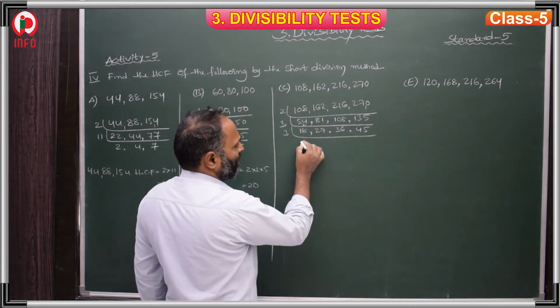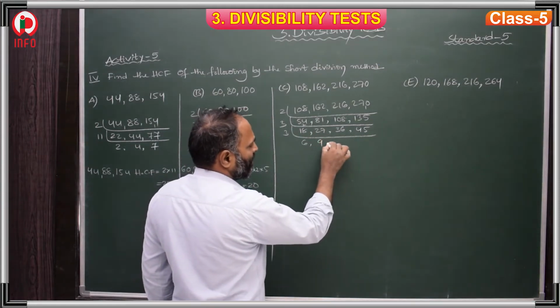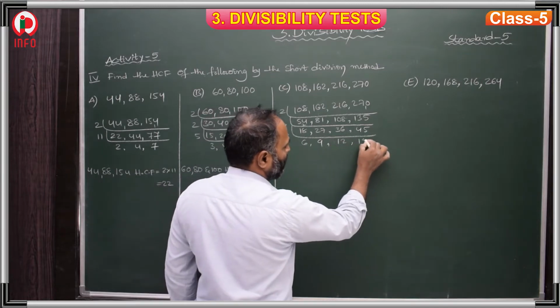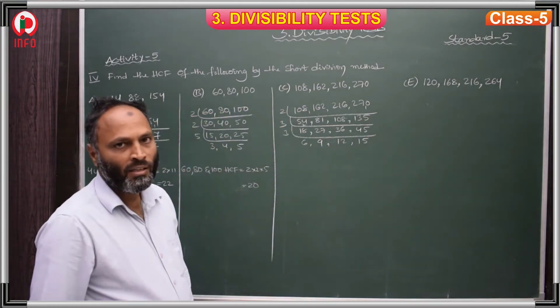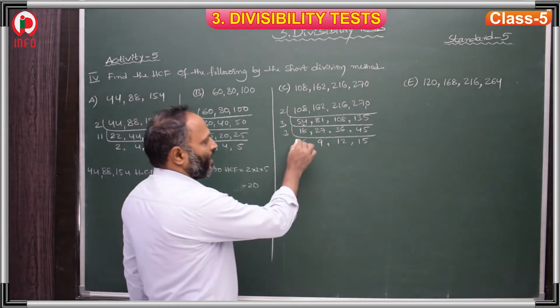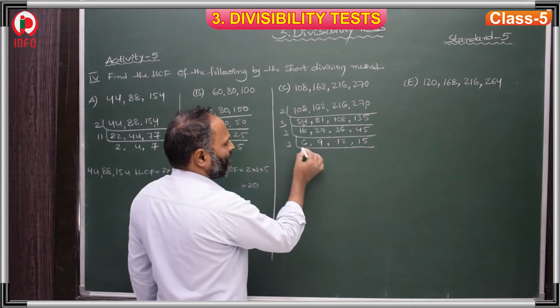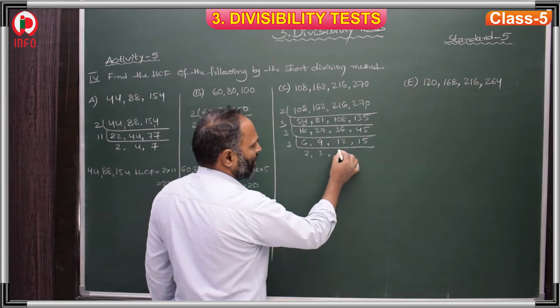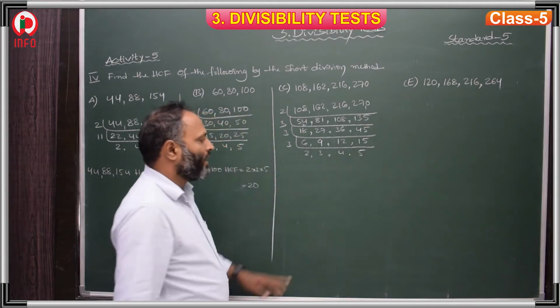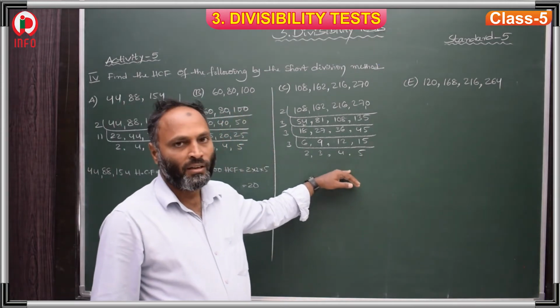3 15s are 45, 3 12s are 36, 3 9s are 27, 3 6s are 18. Again all are divided by 3: 3 5s are 15, 3 4s are 12, 3 3s are 9, 3 2s are 6. Here all are different numbers, so we stop here.